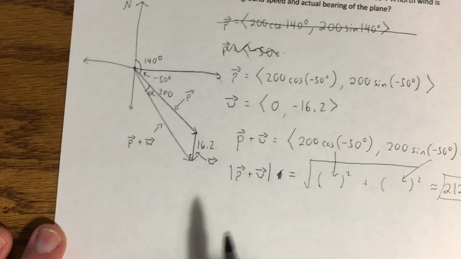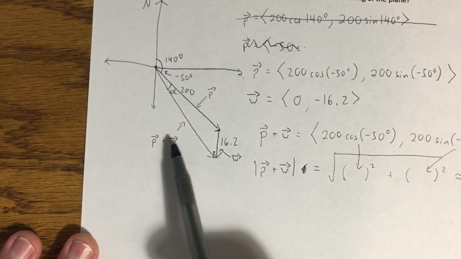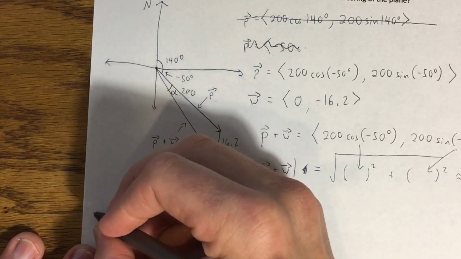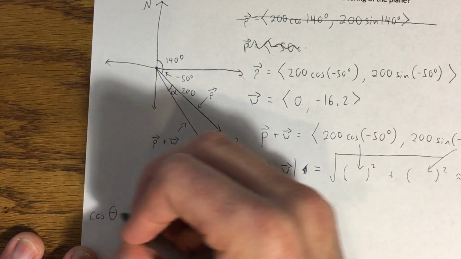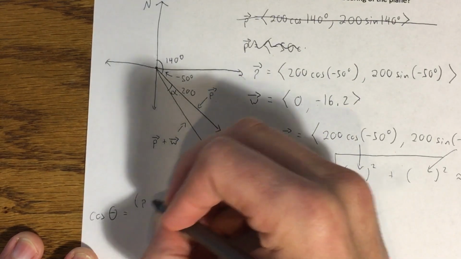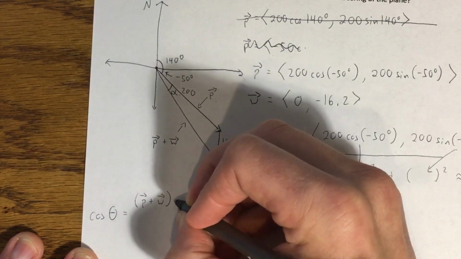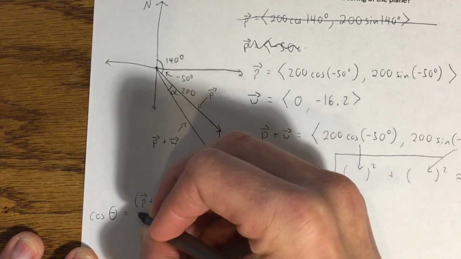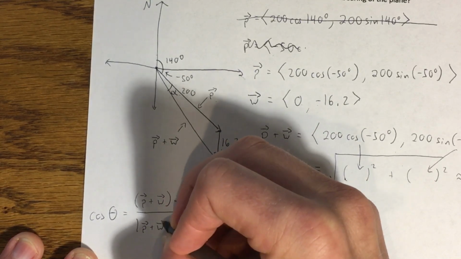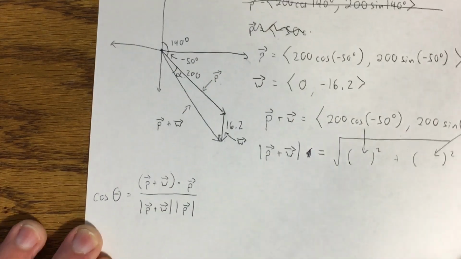How do I get that angle theta now? Well, the two vectors that I'm looking for angles between are p plus w and p. So using my formula, cosine of theta is equal to the dot product of p plus w with p over the magnitude of p plus w times the magnitude of p.